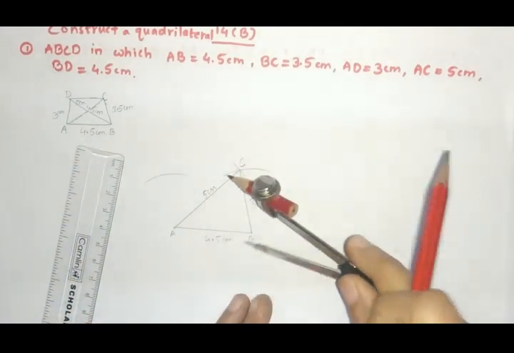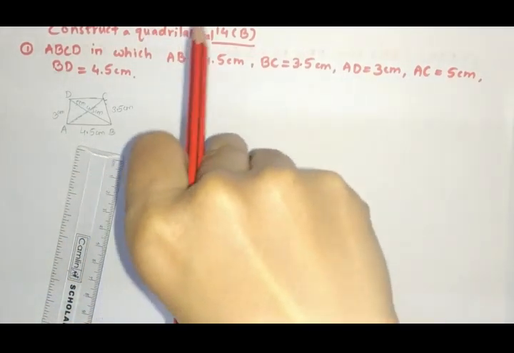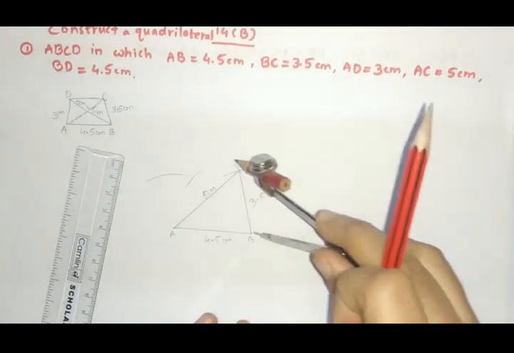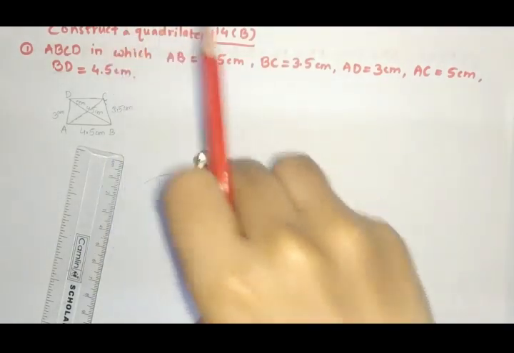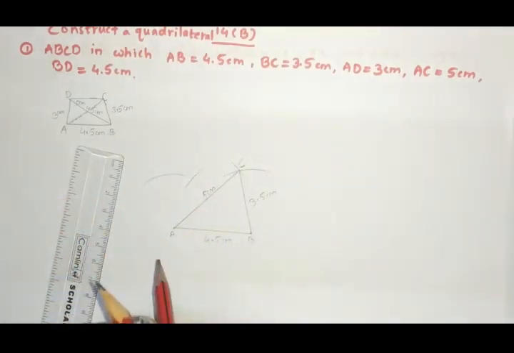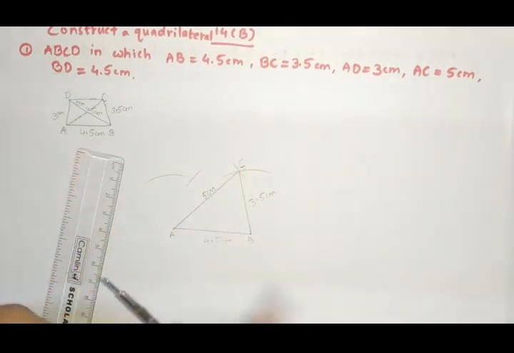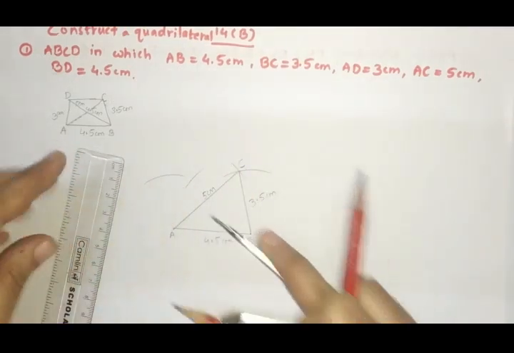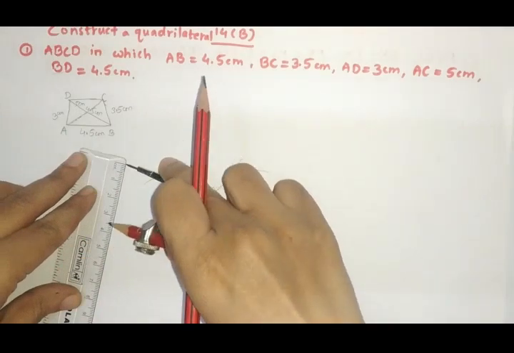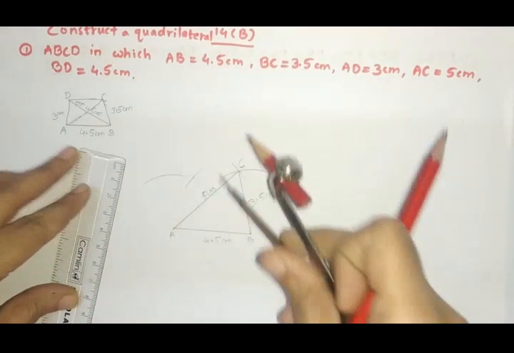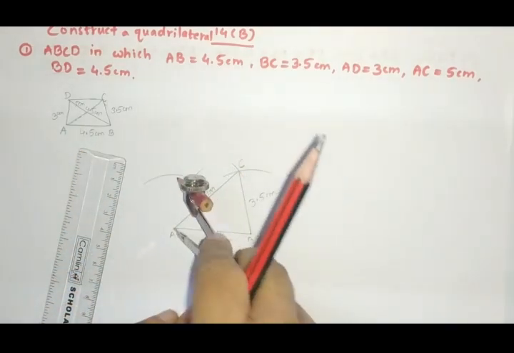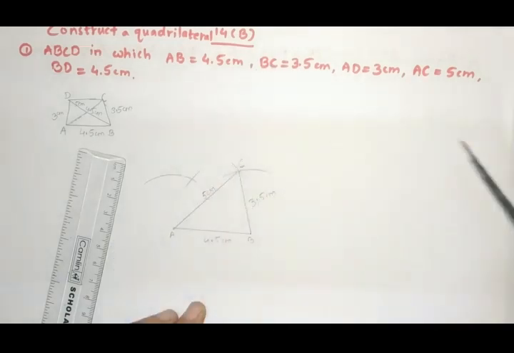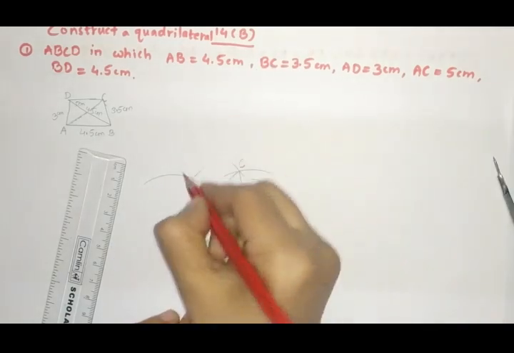With B as a center you can cut this arc here. You can see here it is not touching, so once again I will take A to D, 3. So once you get this point, this is point D.